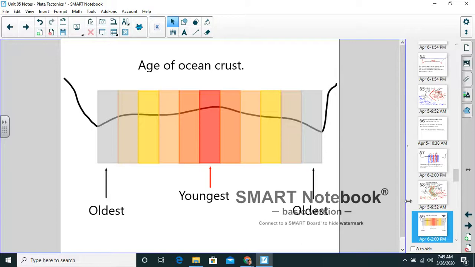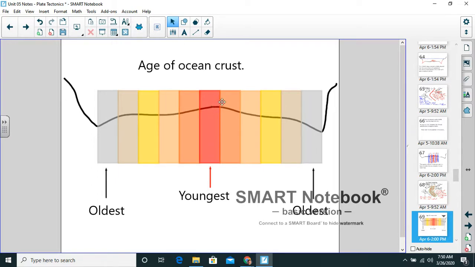I'm not getting into the technology of this one, partly because I don't know it very well. But when scientists try to measure and estimate the age of this ocean crust, what they found out is that along the mid-ocean ridge was the youngest crust in the ocean.